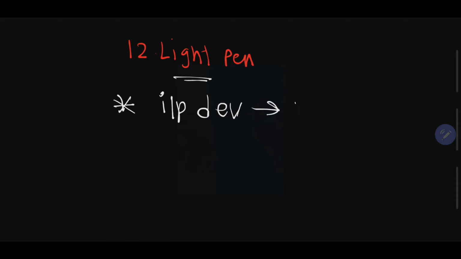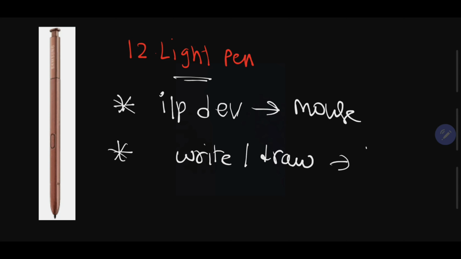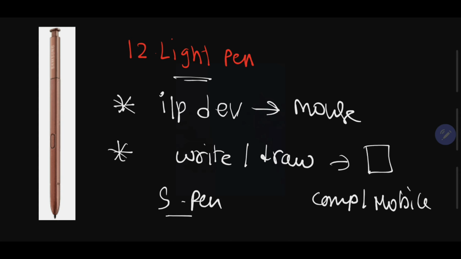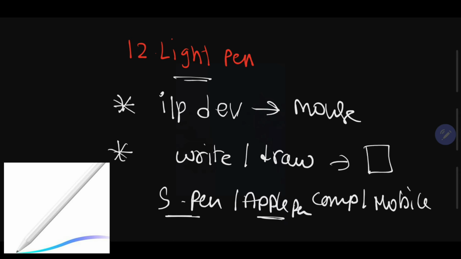It is similar to a mouse, but with the help of this device we can write information on the screen and draw pictures on the screen, whether that may be a computer or a mobile. Like we can also call it S Pen, or Apple Pencil. Everything comes under light pens, or we can also call them digital pens.